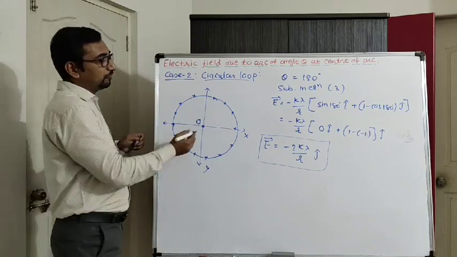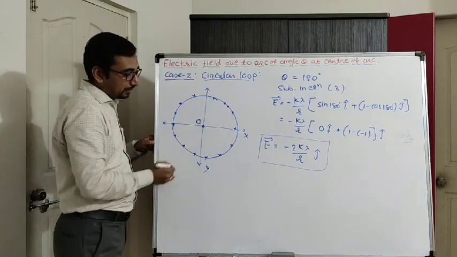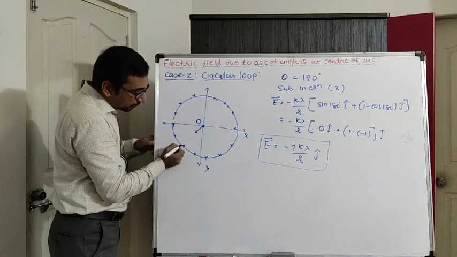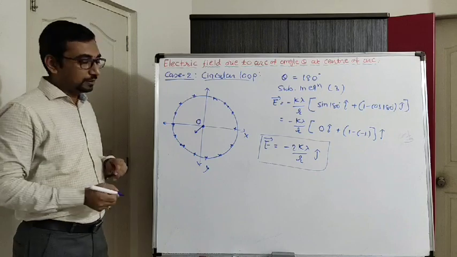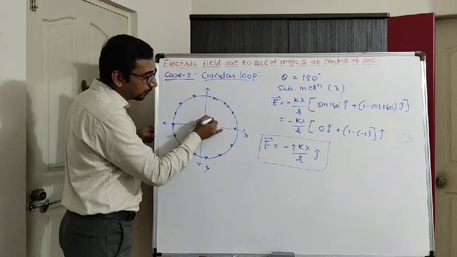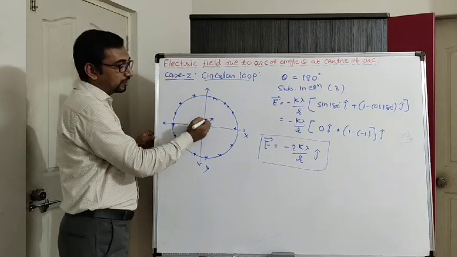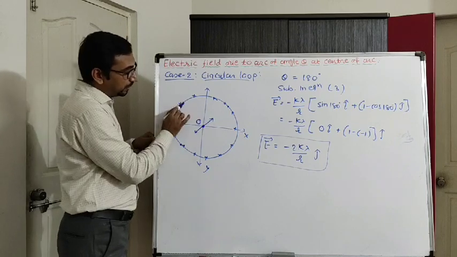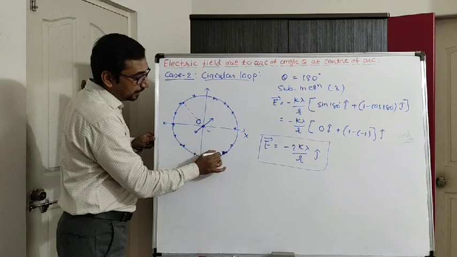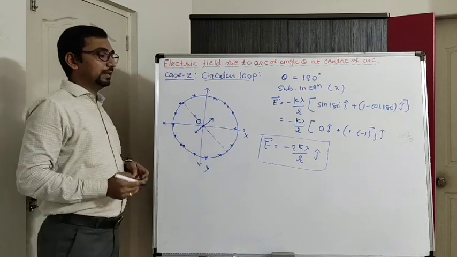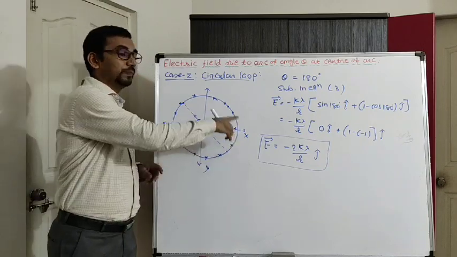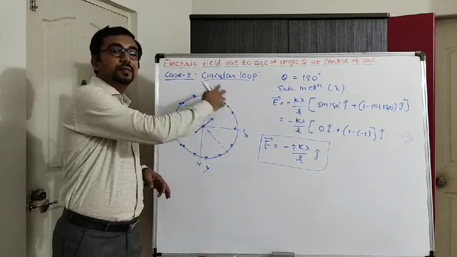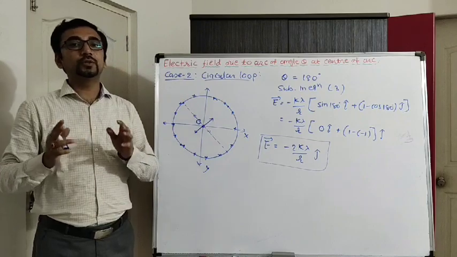So in that case, if we find the electric field due to this point, that will be in this direction. So we can find one exactly opposite point which will create an electric field in the opposite direction. So these two electric fields will cancel each other. Similarly, the electric field due to this point will be cancelled by the electric field due to this point. So finally, due to this charge system, the electric field at the center will become 0 because this is a symmetric, uniformly charged distribution system.